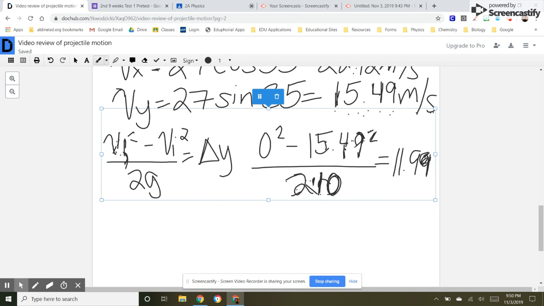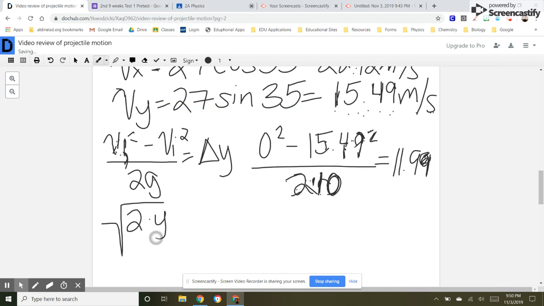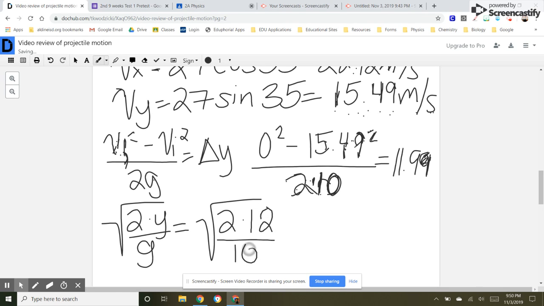Okay. Once you have your max height, it's really easy from there because then you use your time formula, the square root of 2y over g. We're very familiar with these formulas by now. So 2 times, I'm going to round 11.99 to just 12, make it easy for us, over 10. That's 2.4 in the square root.